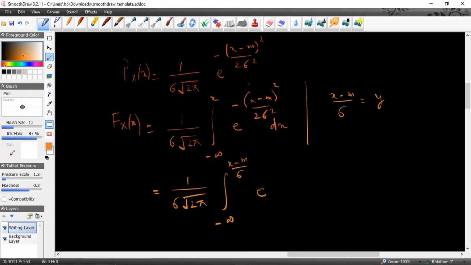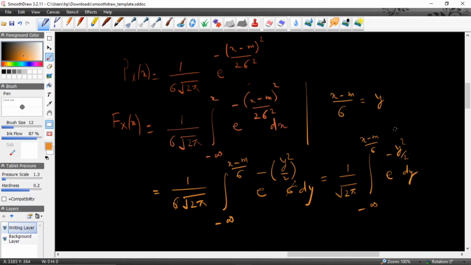And e to the power minus y square by 2, and dx becomes sigma times dy. And this sigma gets cancelled, so you get 1 over root 2 pi integration from minus infinity to (x minus m) over sigma of e raised to the power minus y square by 2 dy.